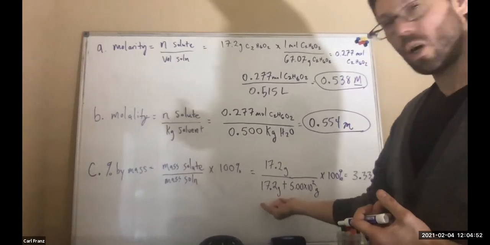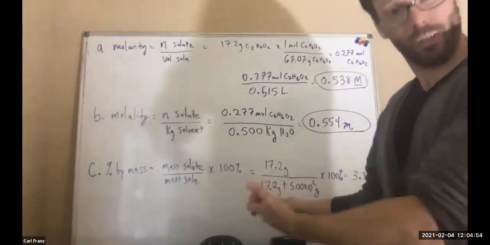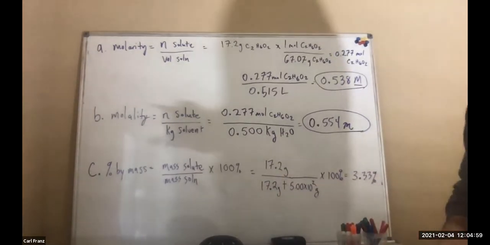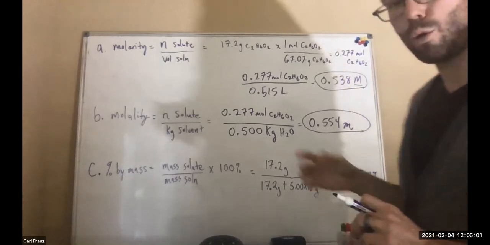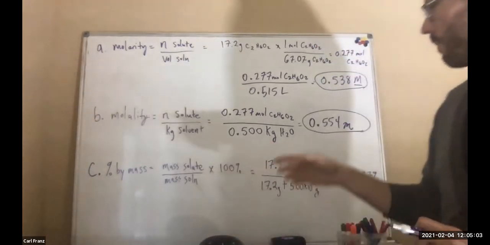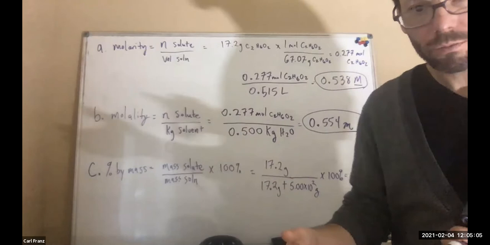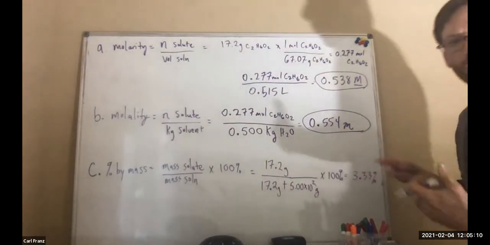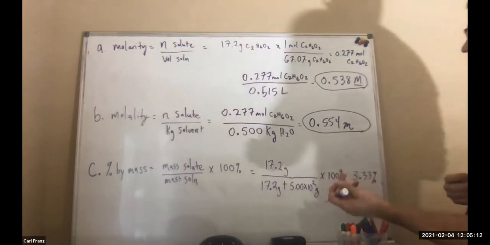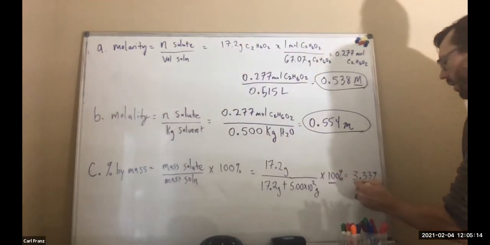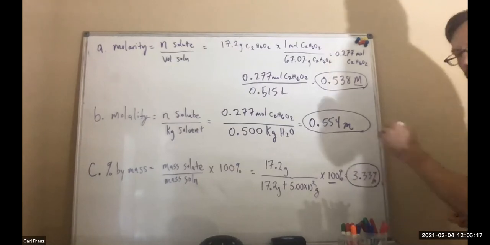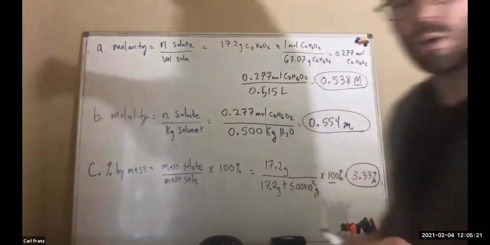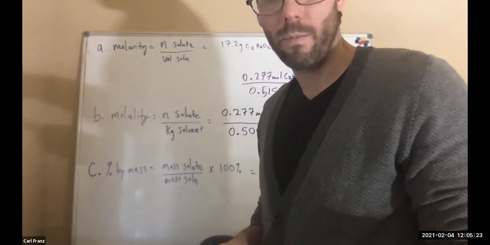So the solute was 17.2 again, plus 5.00 times 10 to the 2 grams, because remember they gave us kilograms, and we want it in grams just so that the units are all the same. Then you multiply by 100%, you get 3.33%.